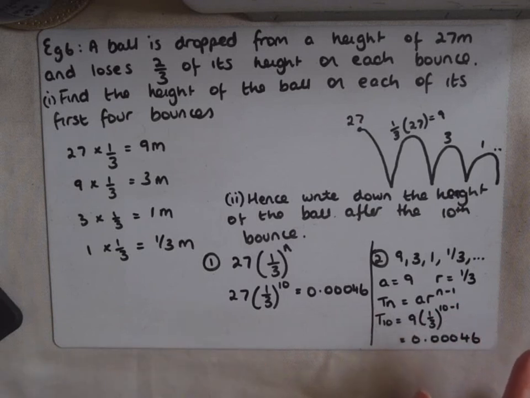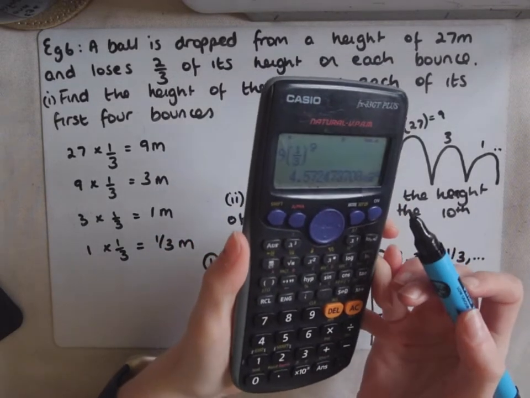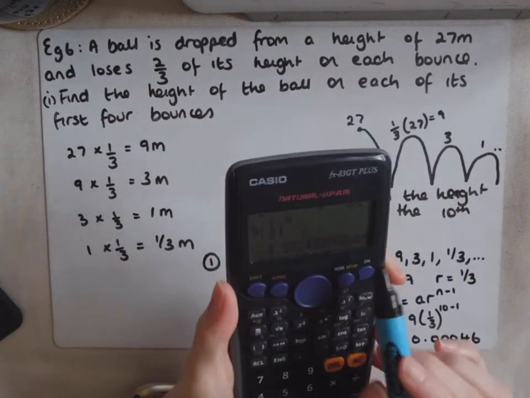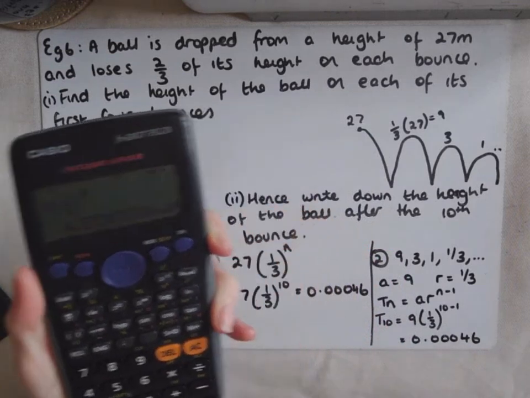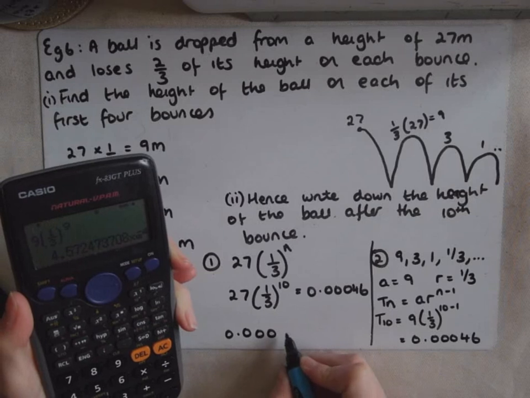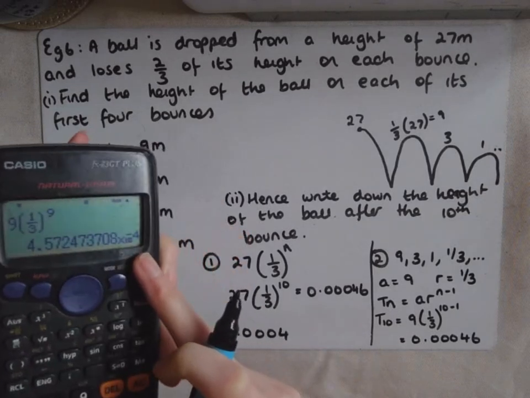Janie, you okay? Yeah, when I type it into my calculator, I get like the by 10 to the power. Okay, so what that means is 10 to the power minus 4 is 0.000 and then the 4. That's what to the power minus 4 means.